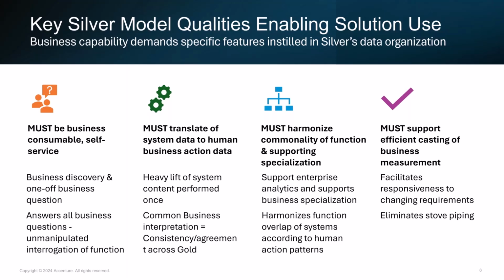We'll talk a bit more about that, and that's actually the subject of our example a little later in the presentation. And it's not just efficiency of data flow, but efficiency of gold tier development, which includes the ETL. And with that efficiency, we're able to eliminate the stovepiping that we see in traditional Kimball solutions.